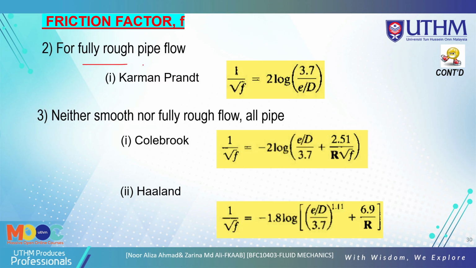For fully rough pipe flow we use the Karman-Prandtl formula, and for fully rough flow, Colebrook and Haaland. No need to worry, because all these formulas are given in your formula sheet.